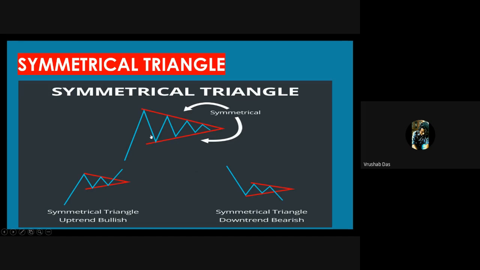It's a combination of ascending and descending, it looks like that. Symmetrical triangles are a sign of consolidation and usually result in continuation of a prior trend, although they can also indicate reversal.